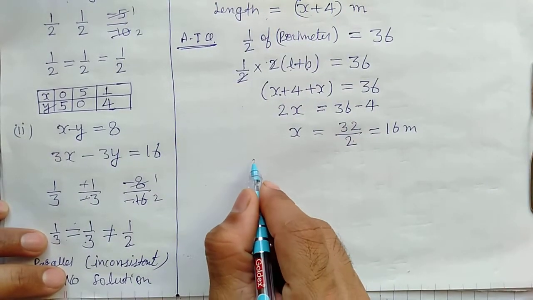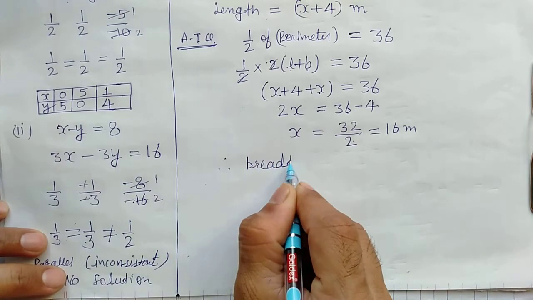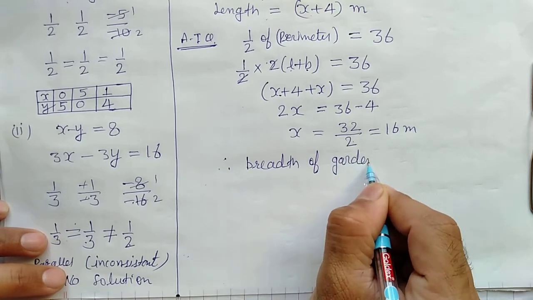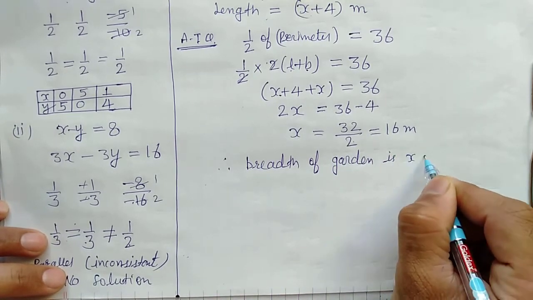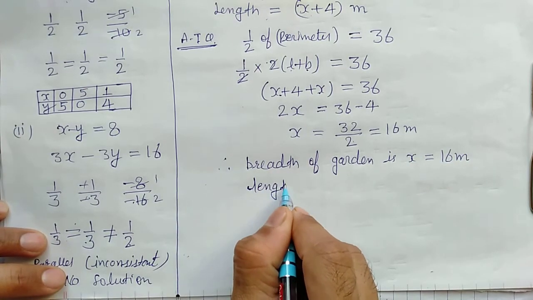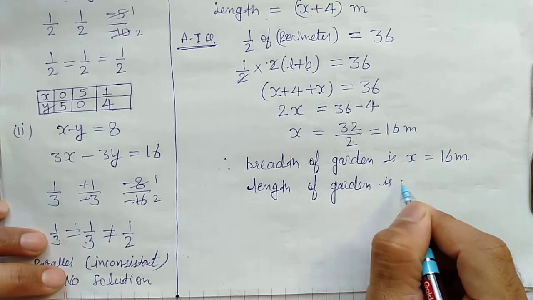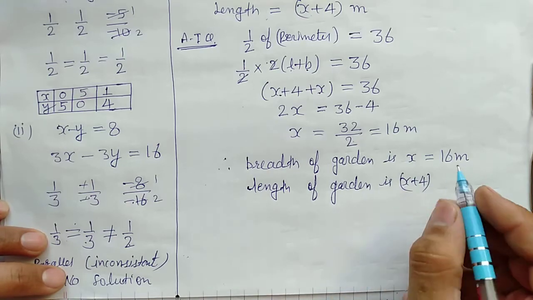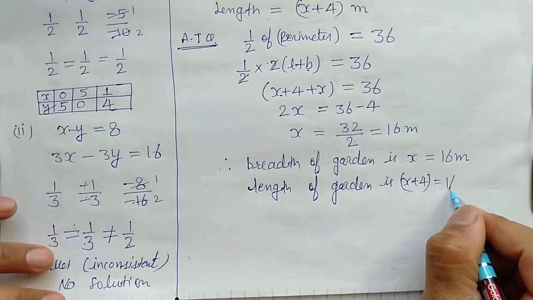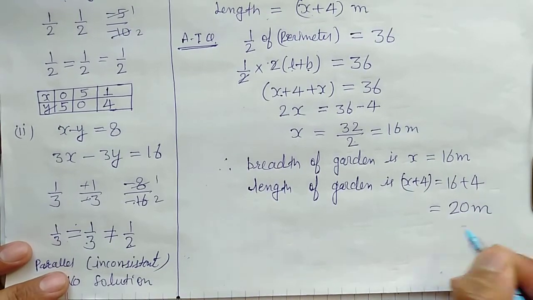So the breadth of the garden, x, is equal to 16 meter, and the length of the garden is x plus 4, right? x plus 4 means 16 plus 4 is equal to 20 meter.